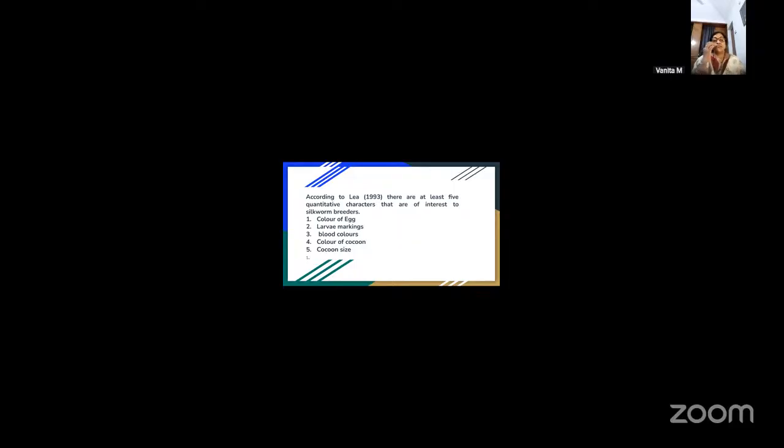In silkworm, some larvae have markings, some kind of lines present on them, and there are some larvae which do not have any lines. These are some of the quantitative characteristics taken into consideration while breeding.